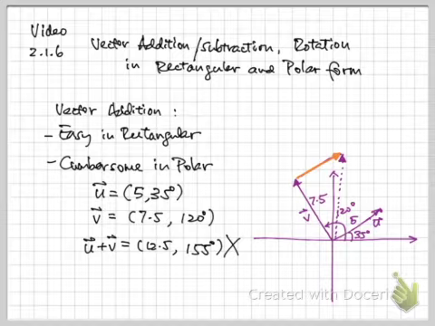To add the two vectors together, I've translated the initial vector to where the orange vector is, and again, when you add two vectors, you put the tip of the first vector to the tail of the second vector, and the end vector is what I've indicated with the dotted line.